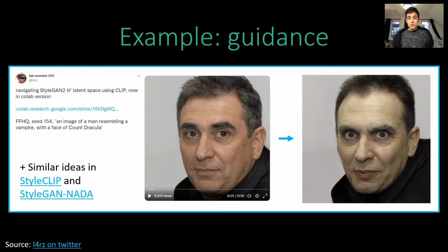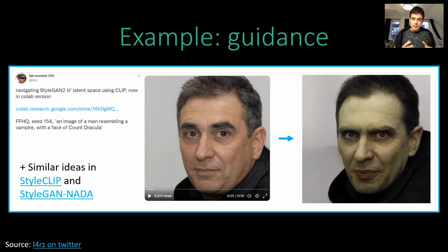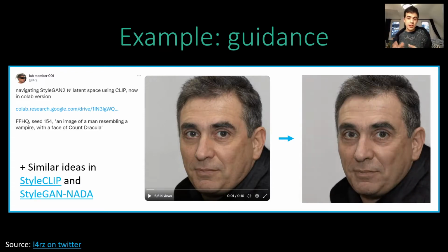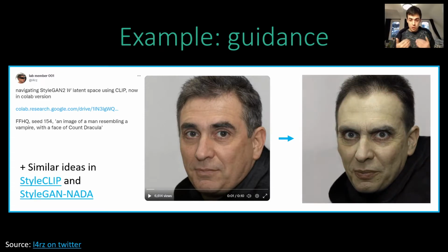One example of what we would like to achieve is that we already talked about generative models that can generate images from some domain that we train them on. But sometimes our control over these models is quite limited. So what we would like to have in some cases is a guidance mechanism.